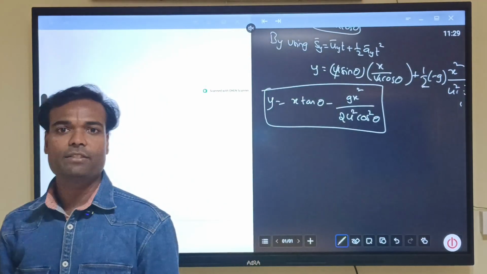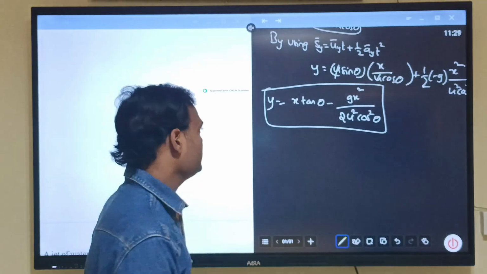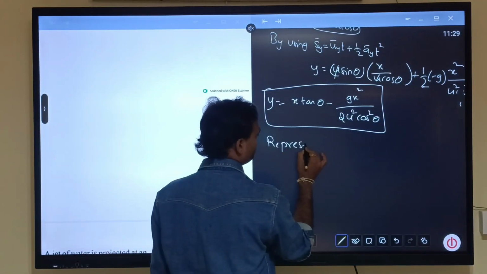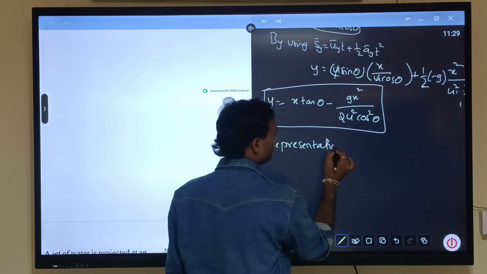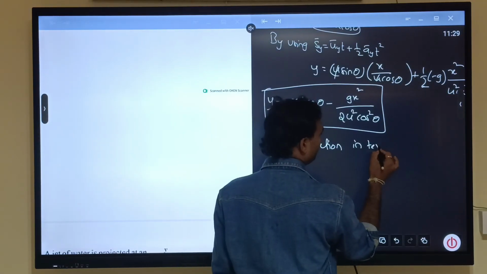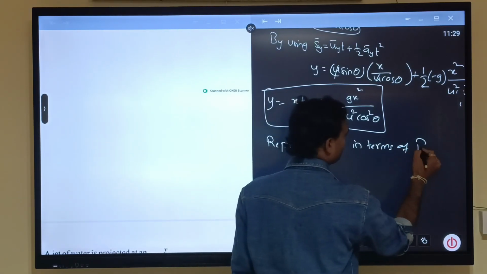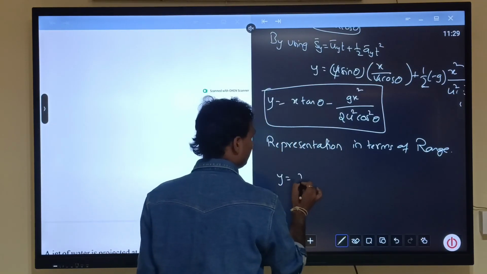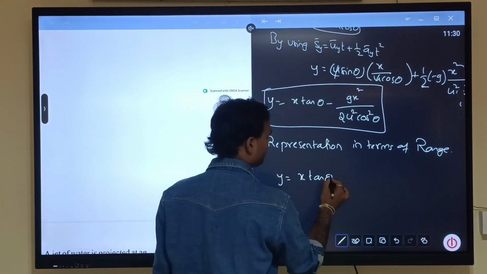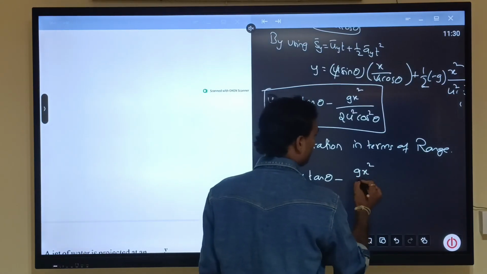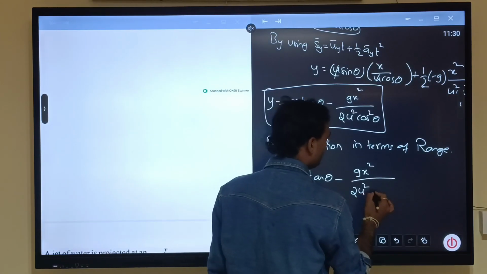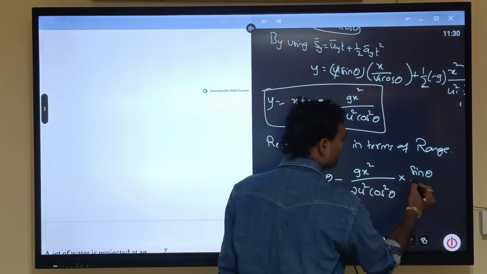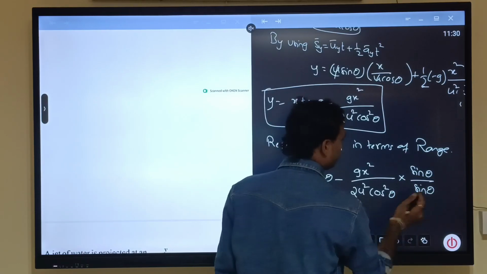This is trajectory equation of the projectile motion, and we can also represent it in terms of range. See how can we modify this: y is equals to x tan theta minus g x square by 2u square cos square theta. I am multiplying numerator and denominator with sin theta.